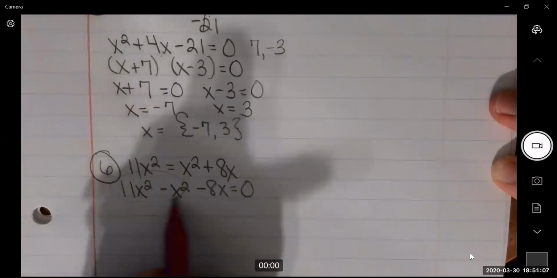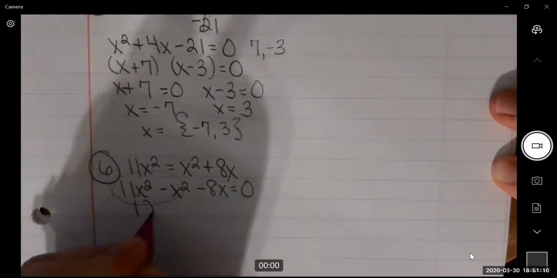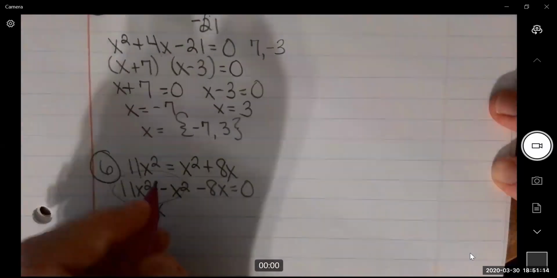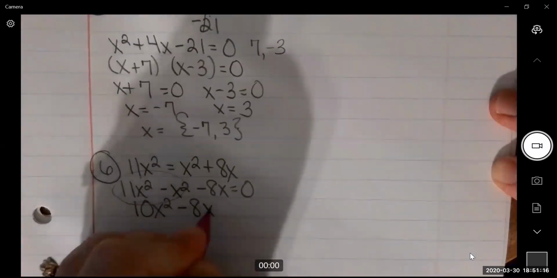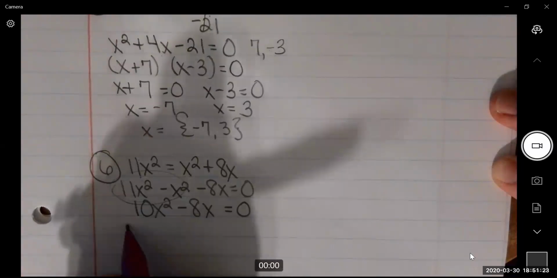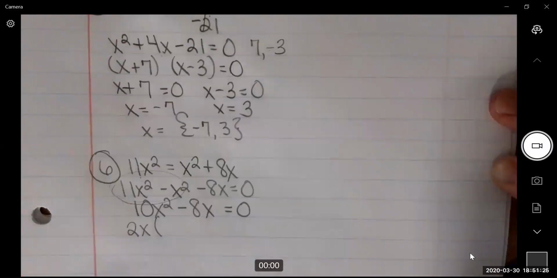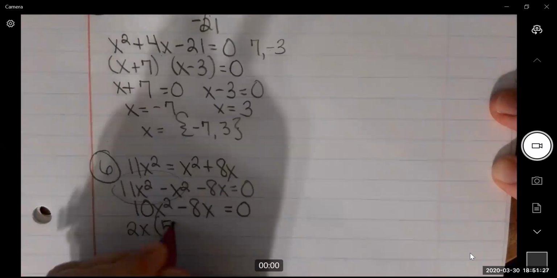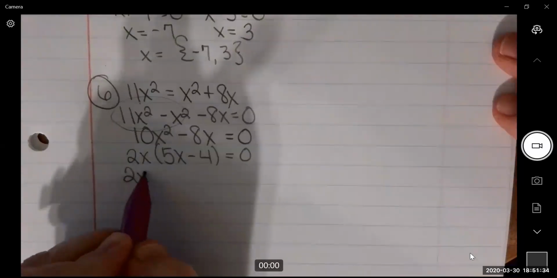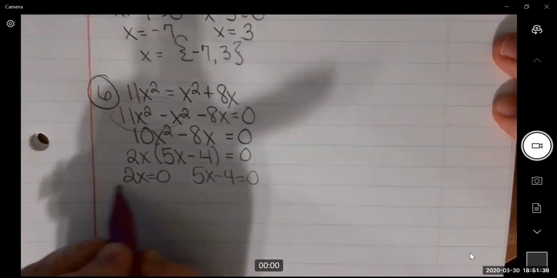So here we can combine like terms. So this becomes 10x squared minus 8x equals 0. Then we can just factor out a 2x. We'll have 5x minus 4 equals 0. So this becomes 2x equals 0, 5x minus 4 equals 0.